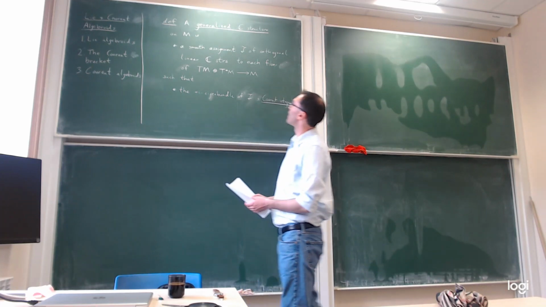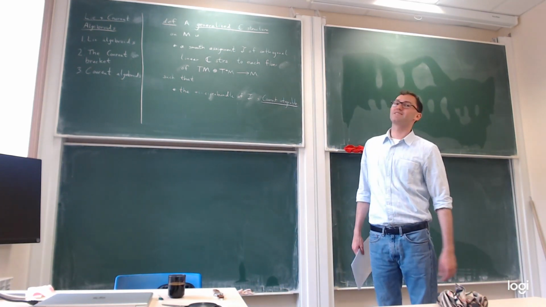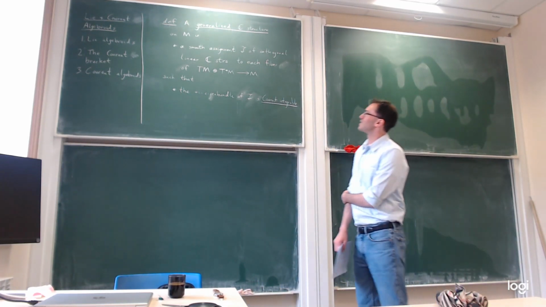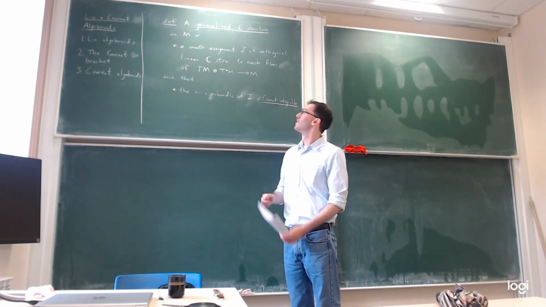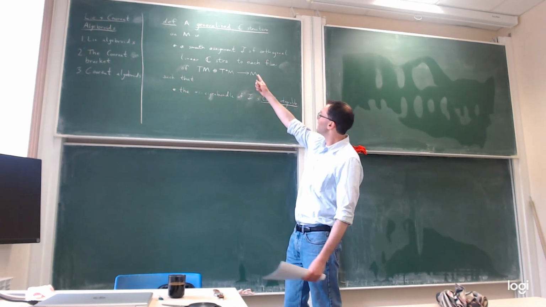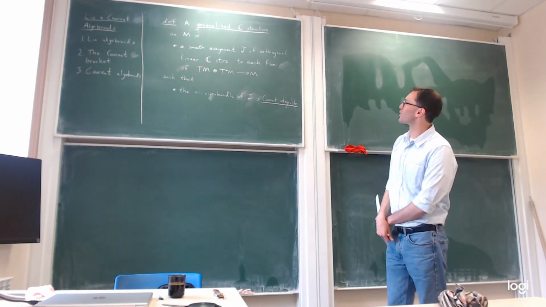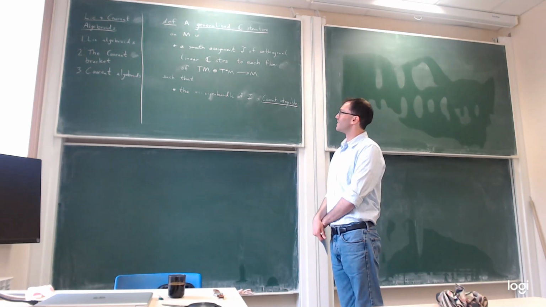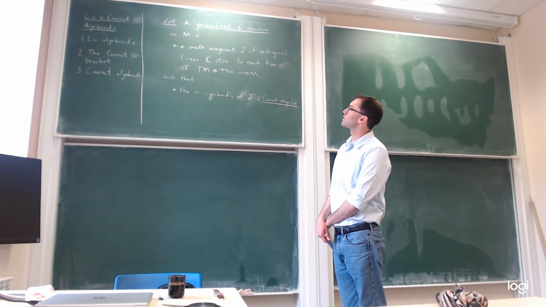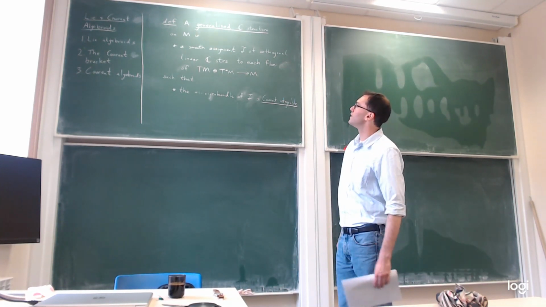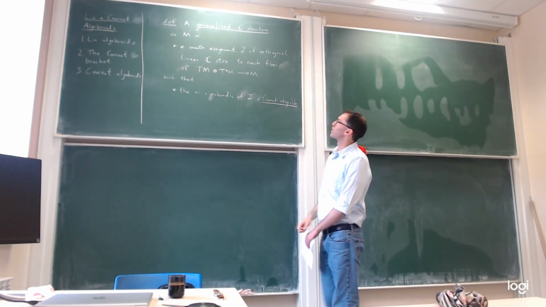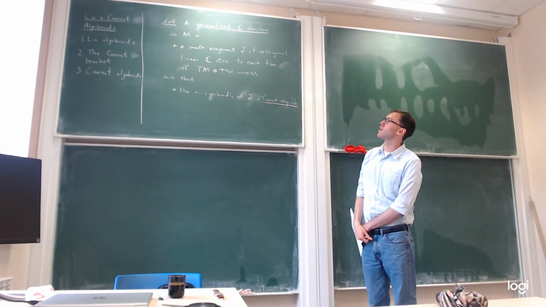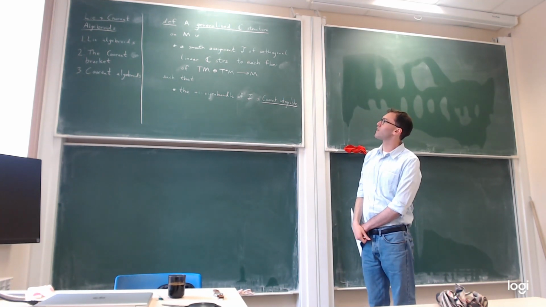First, I want to recall, so this lecture begins with a flashback. The first definition we saw in this entire course, namely that of a generalized complex structure. So recall that a generalized complex structure on a smooth manifold M is a smooth assignment script J of orthogonal linear complex structures to each fiber of the extended tangent bundle.